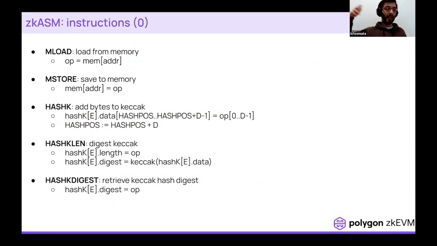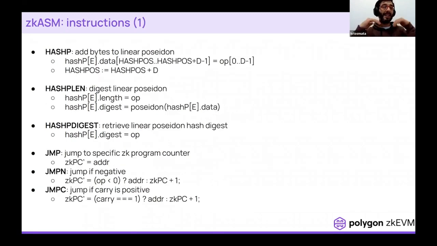We will see in a slide later on a diagram of how these instructions work in more detail. But basically, with hash key, you are adding all the bytes that you want to hash. The hash key len is to close the hash, and hash key digest is in order to retrieve the hash. Exactly the same instructions are used to perform the Polygon hash.